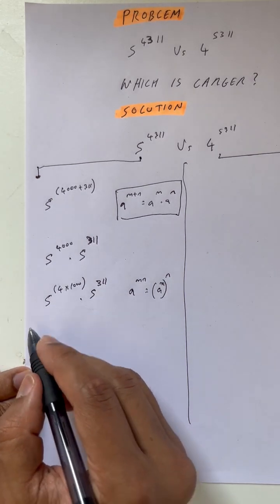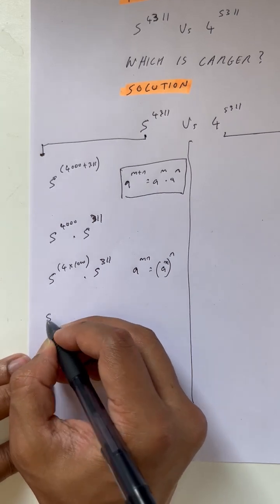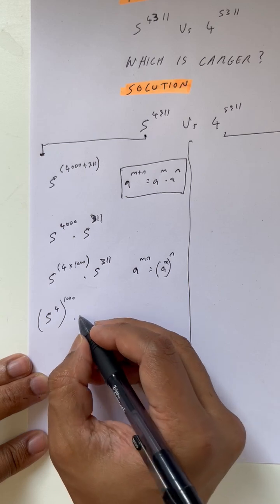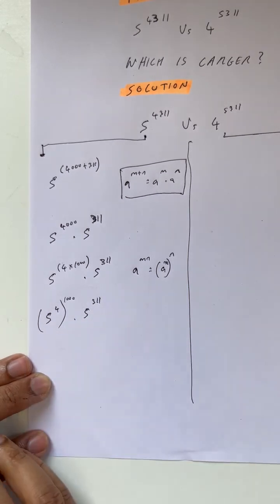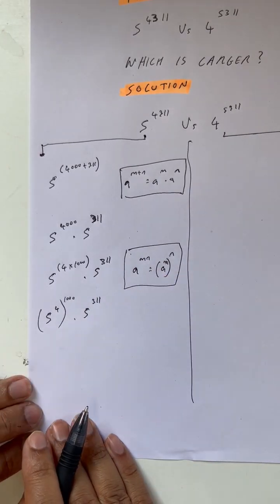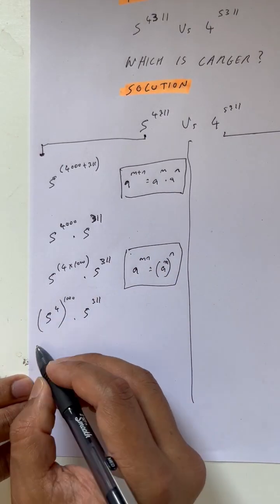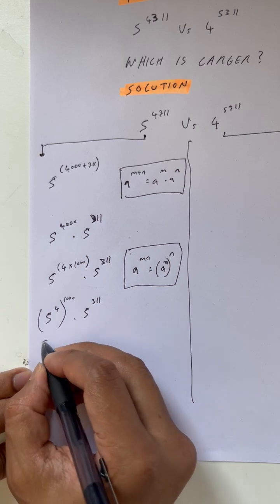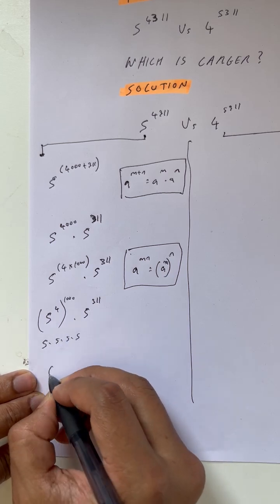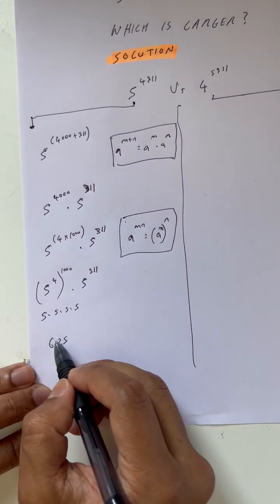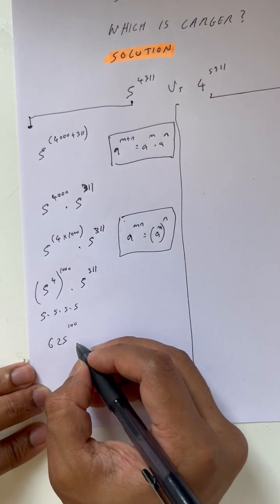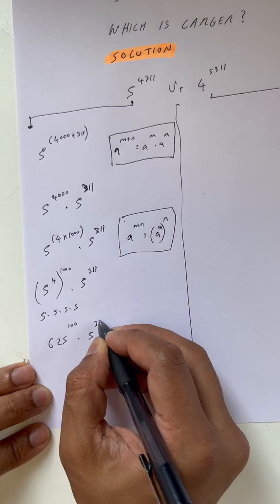So re-expressing this, we have 5 to the power of 4 to the power of 1,000 times 5 to the power of 311. Remember this identity. Okay, so 5 to the power of 4 we can work out quite easily. 5 times 5 times 5 times 5, which is 625. So we have 625 now in this bracket. So 625 to the power of 1,000 times 5 to the power of 311.